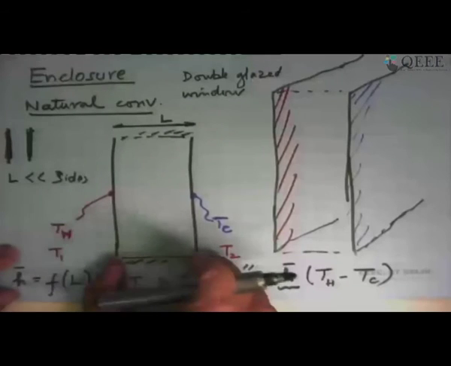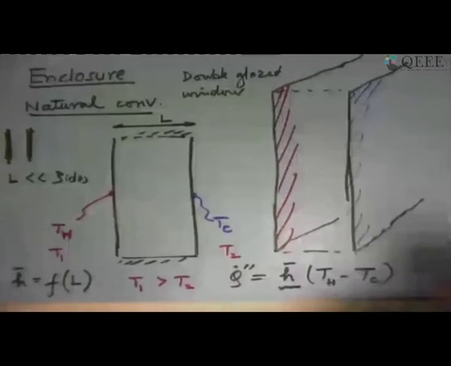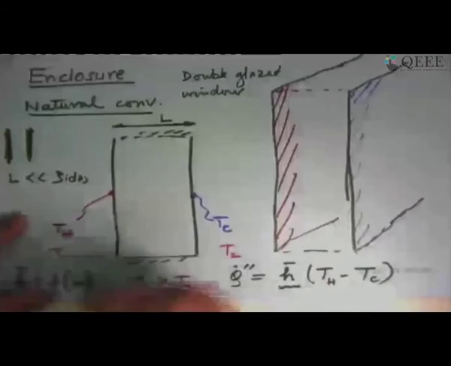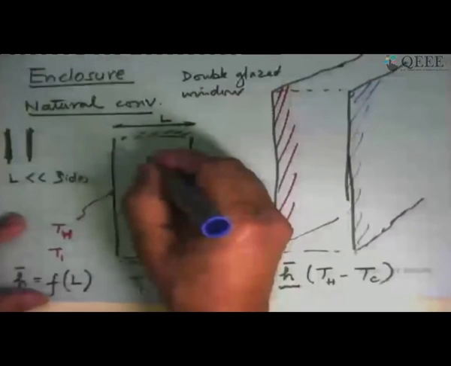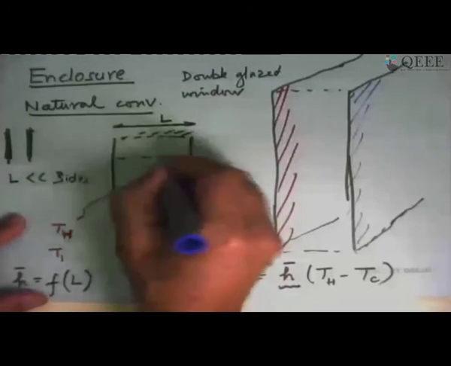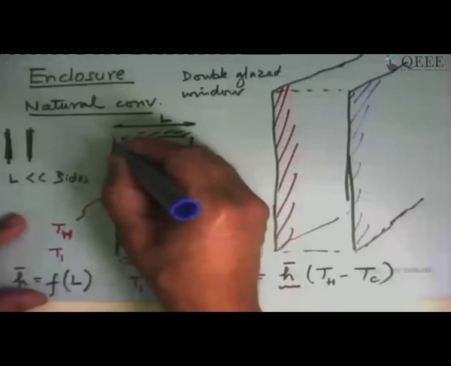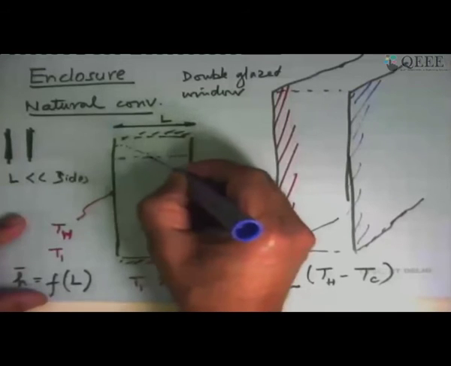Now when you start imposing different temperatures, start making this big for the same temperature difference, various things begin to happen, and you get 3 or 4 different regimes of flow. The first will be that, yes, there will be a temperature gradient, but there will be no constant temperature here.